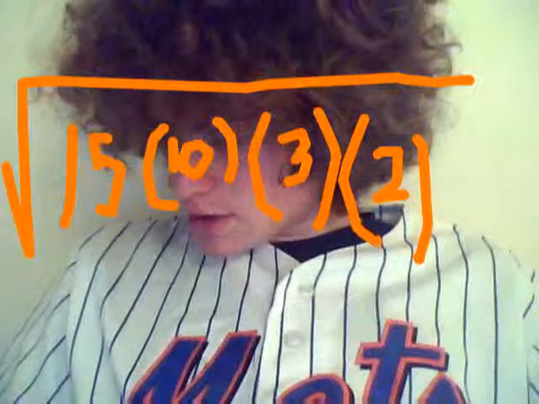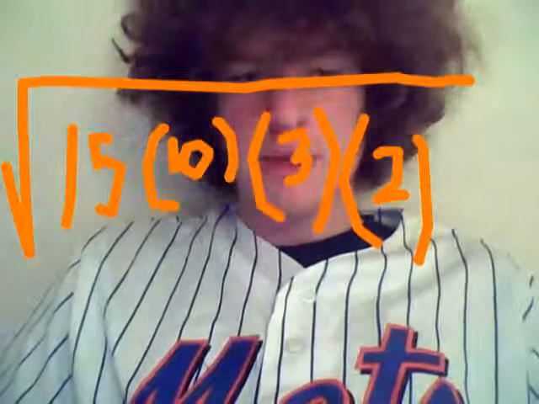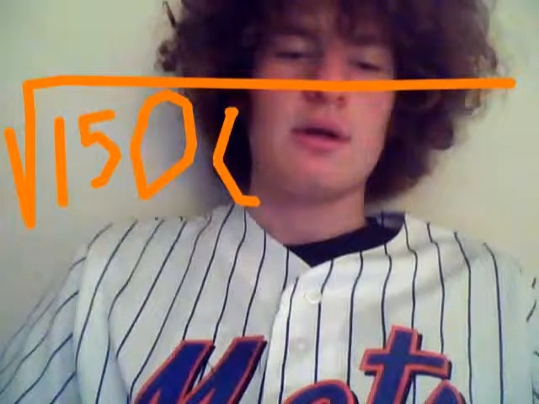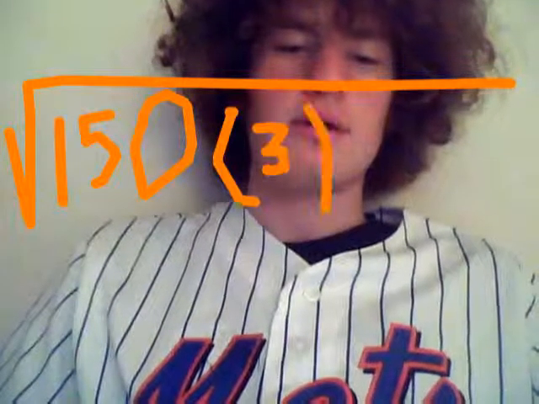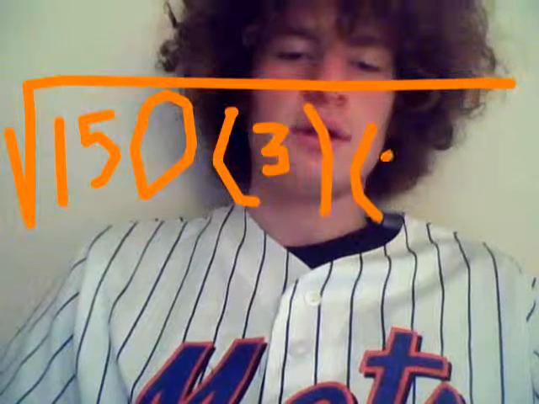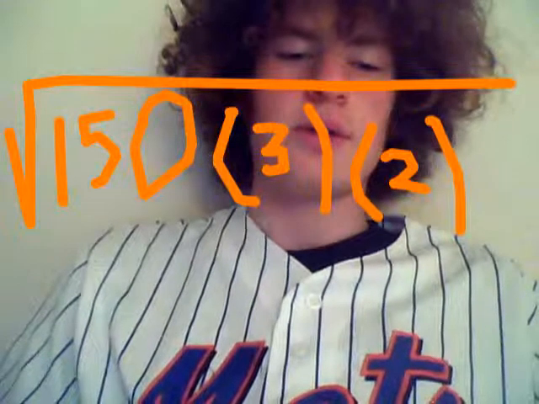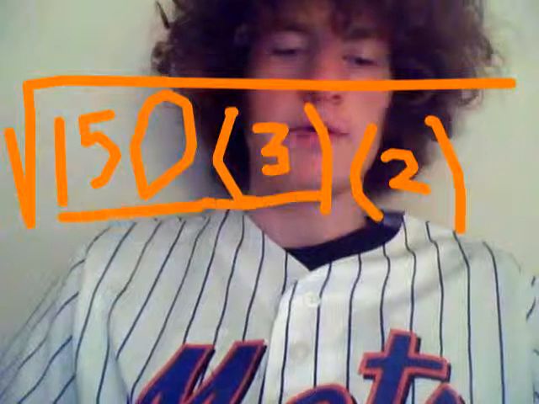Alright, so then we're going to multiply the 15 and 10. Okay, so let's redraw this. We'll get square root of now 150, 15 times 10 is 150, times 3 times 2. Okay, so now we're going to multiply 150 by 3.